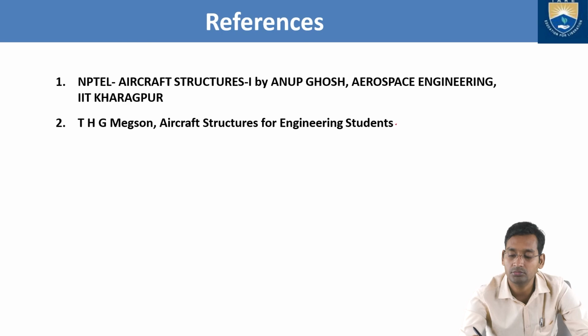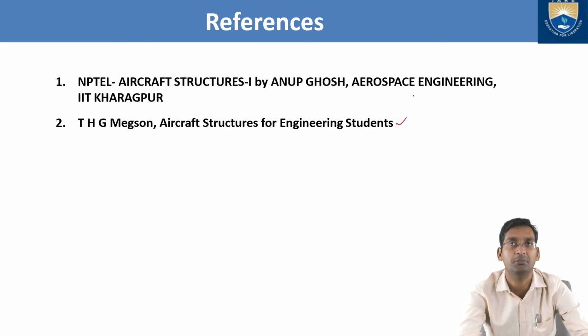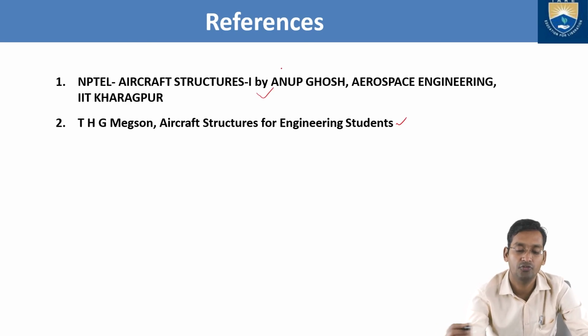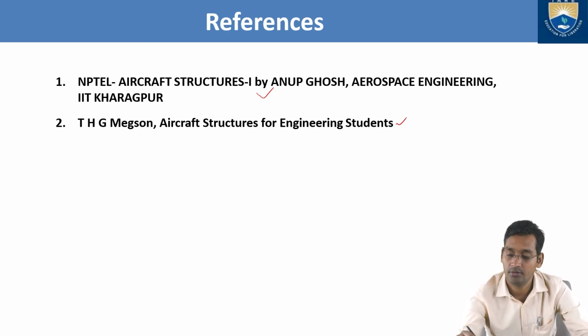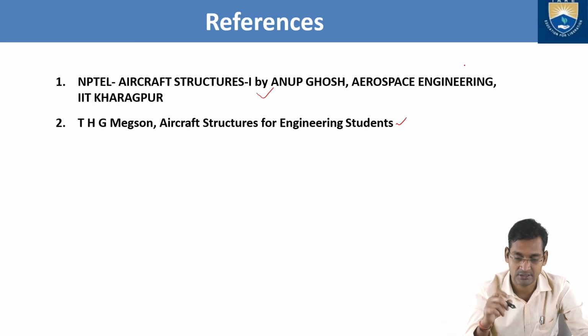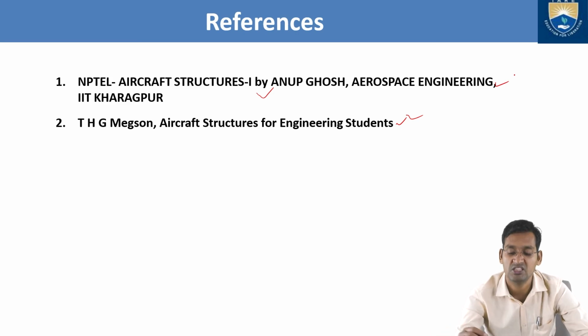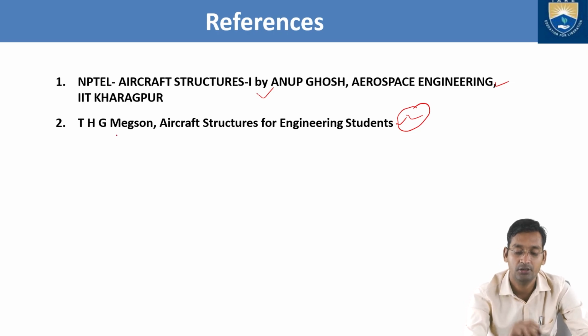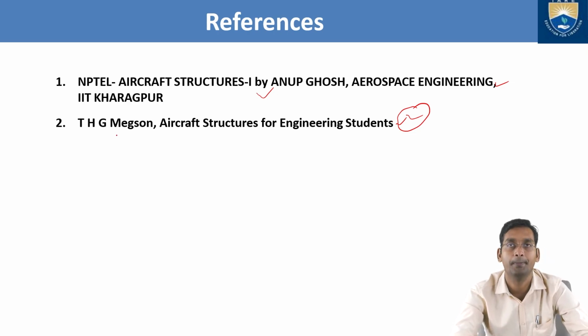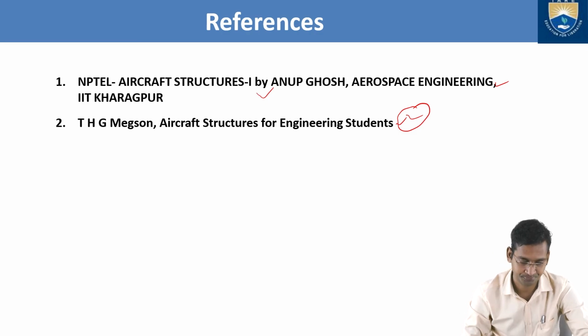Most of the things we have taken are from T.H.G. Megson, but this will also help you to see how to structure structural analysis, that means how to arrange these things. If you want to refer to a book for the content, then go for Megson, Aircraft Structures for Engineering Students, from the 4th edition onwards, you can even refer till the 7th edition, it's available.